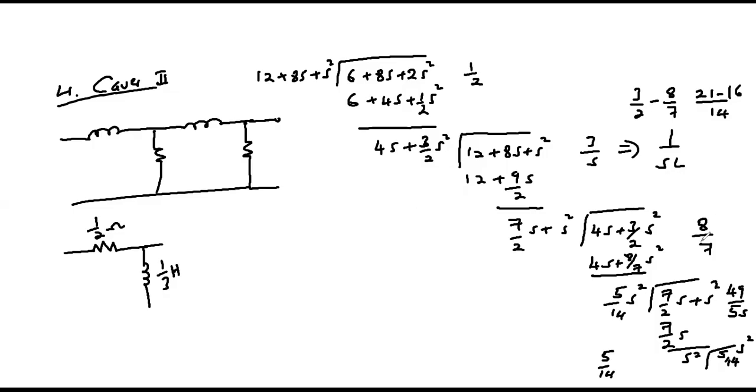Next, we have a constant, 8 over 7. That means another resistor whose resistance is 8 over 7 ohms.